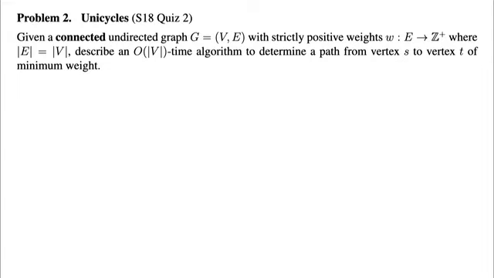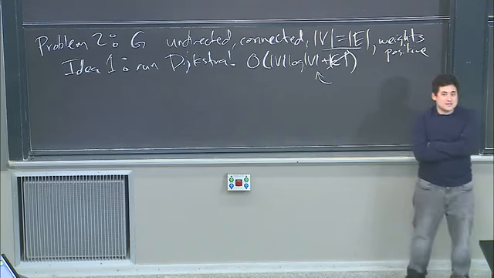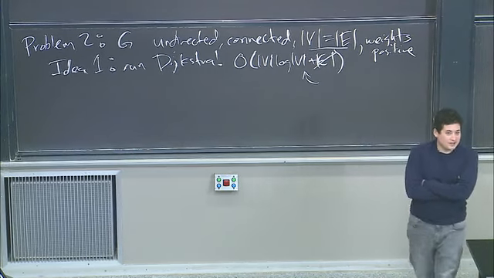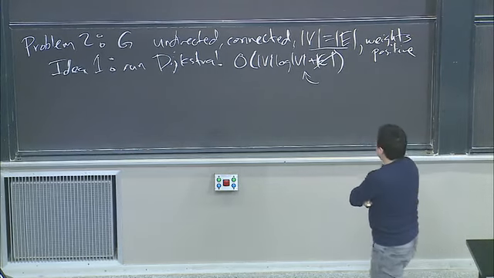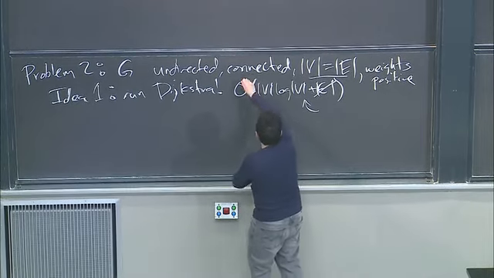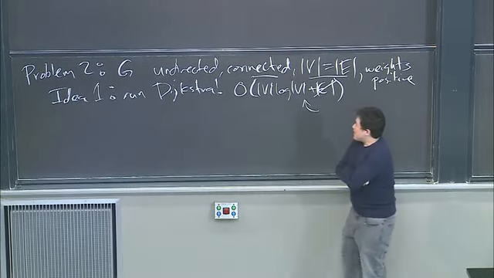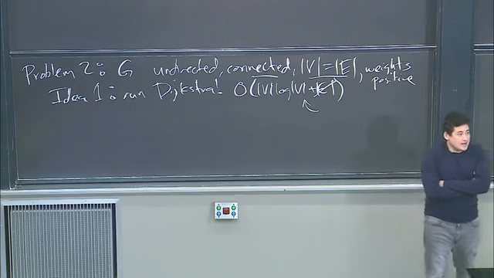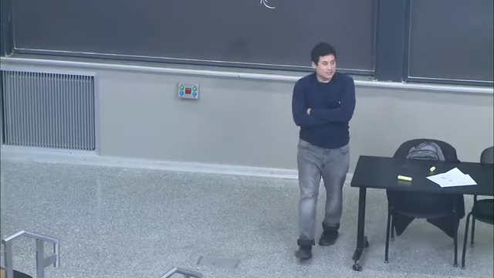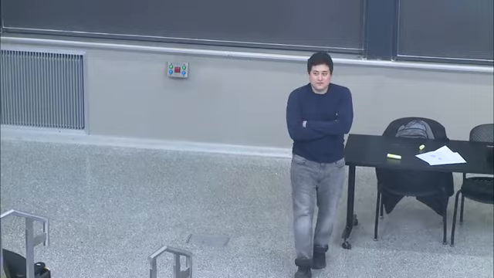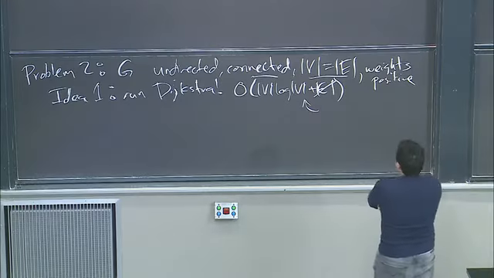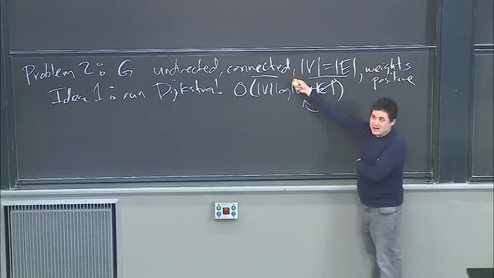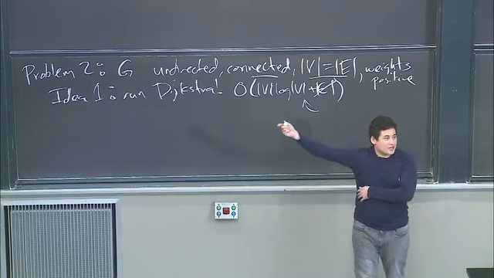Well, what does this graph look like? Here I'm going to take a look at this condition, E equals V. So what does this graph look like? It's connected, and E equals V. Well, how many edges does a tree have? V minus 1. So in a sense, a tree is the smallest number of edges you can have in a connected graph.